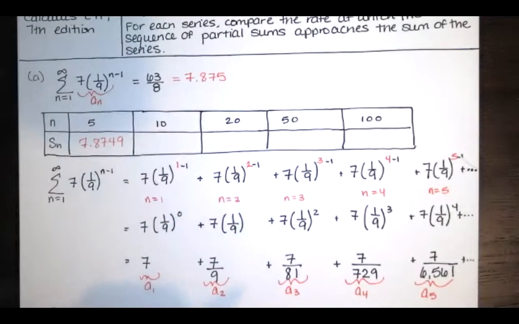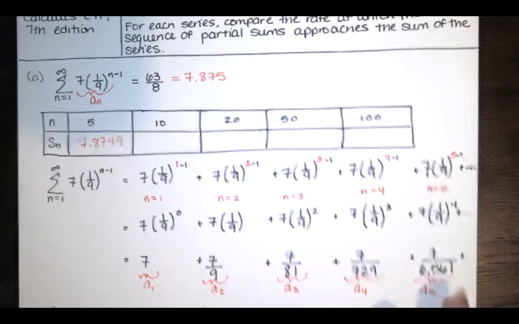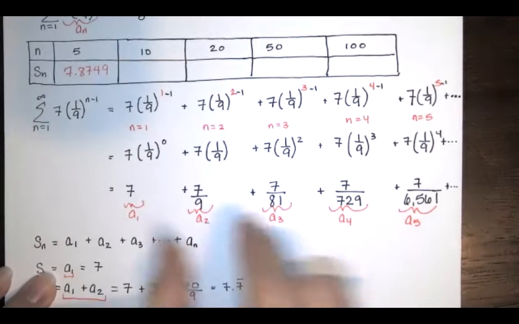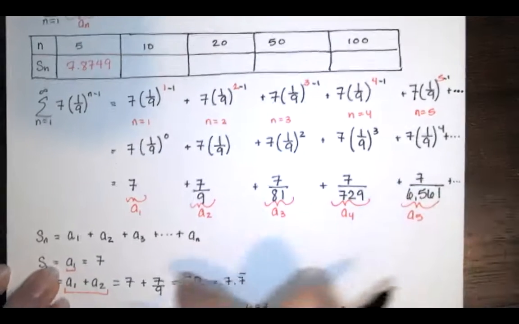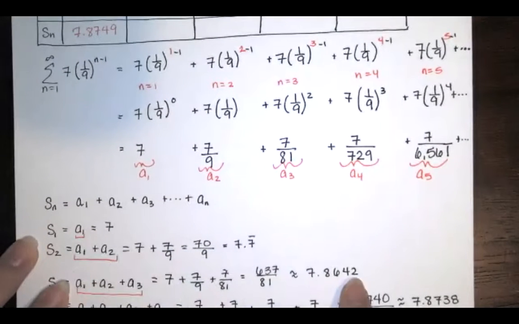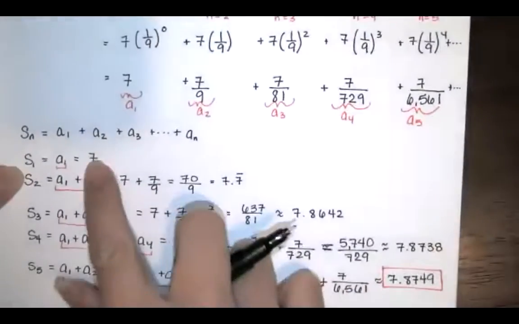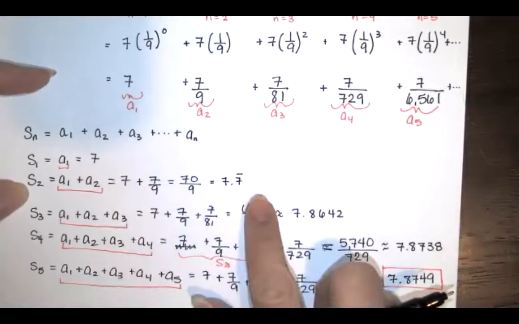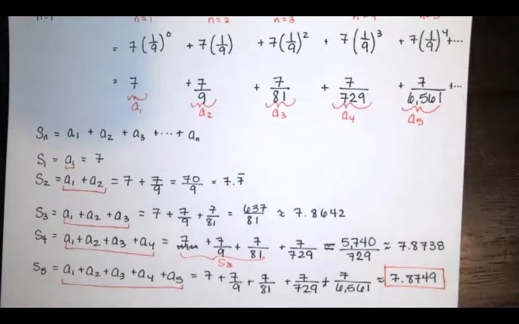This is going to be the sum of the first 10 terms, so a sub 1 through a sub 10. So the a's, those are the terms of the series. They keep getting smaller, but the sum of the series is getting larger because we just keep taking the last number and adding one more to it. So we're going from 7 to 7.7 repeating.